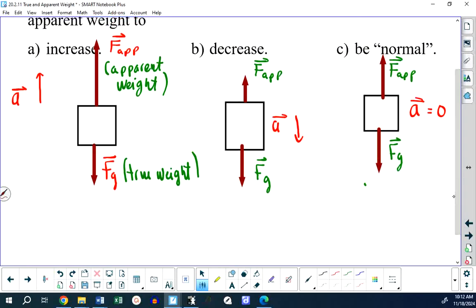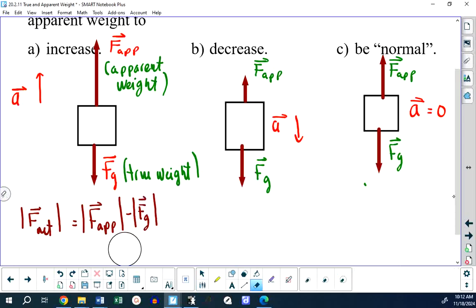In this particular case for A, the net force has a magnitude of the apparent force, the applied force, which is your apparent weight, minus your true weight. Is everybody with me on how we would get this statement out of that vector diagram?